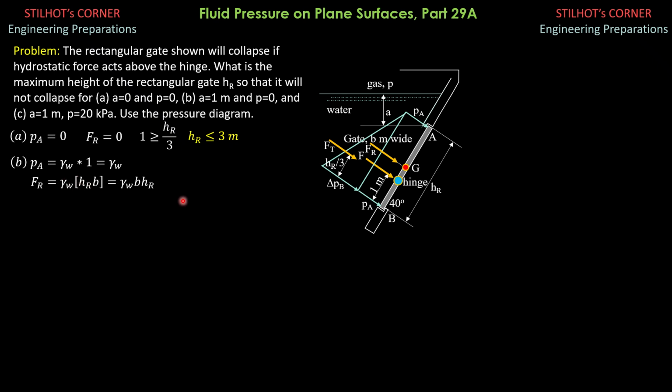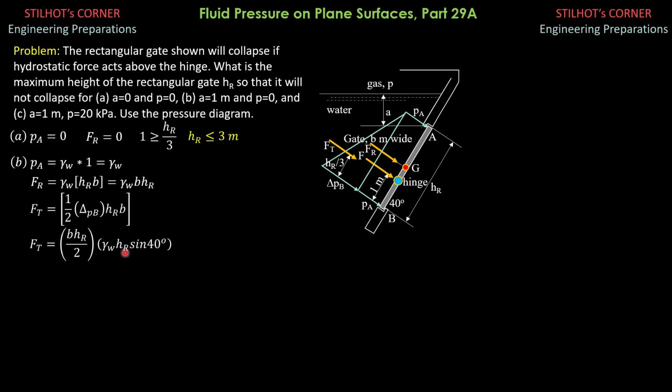So gamma BHR. Likewise, FT, which is always fixed for all cases, is equal to 1/2 delta PB times HR times B, or area of triangle times width perpendicular to the board. So 1/2 delta PB times HR, this is the area of the triangle, then perpendicular to the screen B. So FT is equal to BHR over 2, and delta PB is specific weight of water times the vertical distance between A and B, which is HR sine of 40.